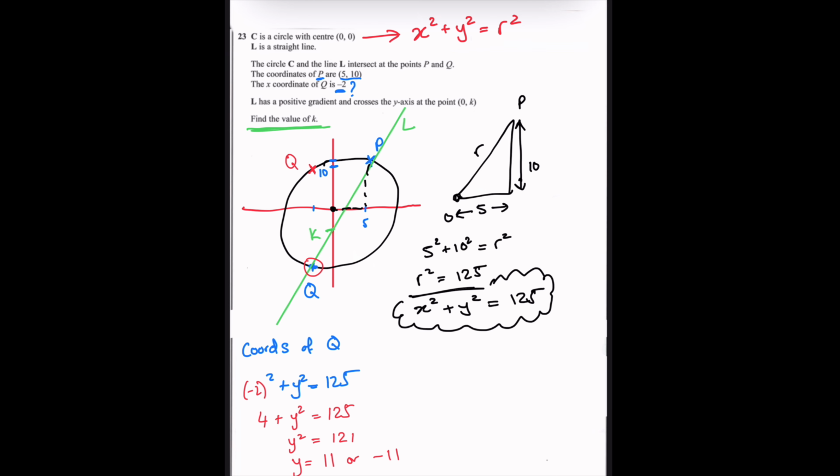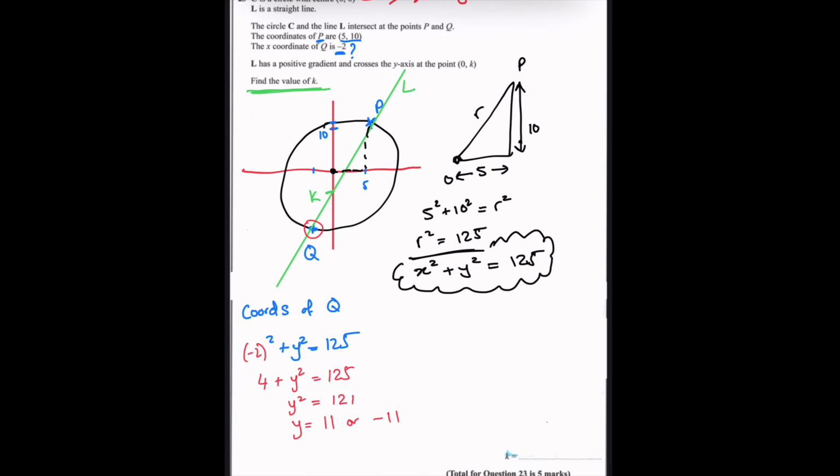Okay, if Q was at 11, it would be above P. Let's draw that on. So this is 10. If Q was at 11, it would be over here. So the gradient of QP would be negative. It would slope down. We're told here that L has a positive gradient. Okay, so because we know L has a positive gradient, we know Q can't be 11, so it has to be down here.